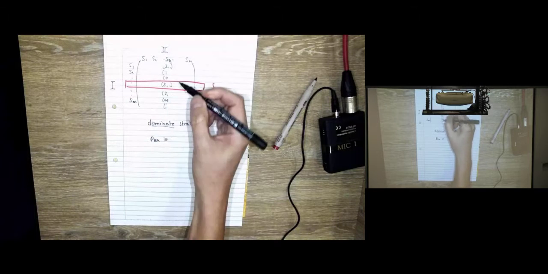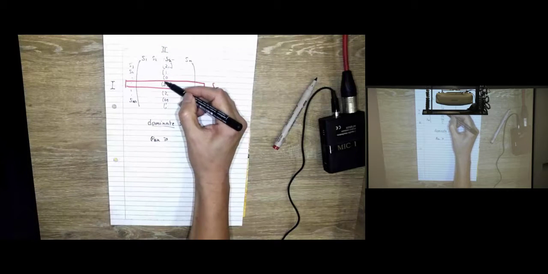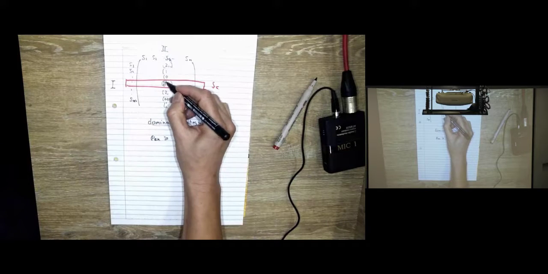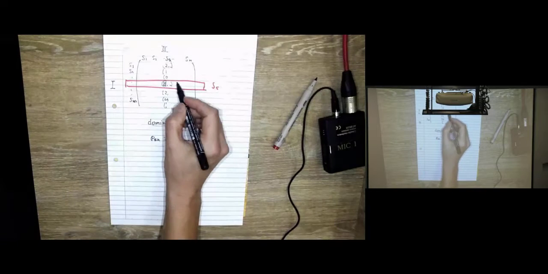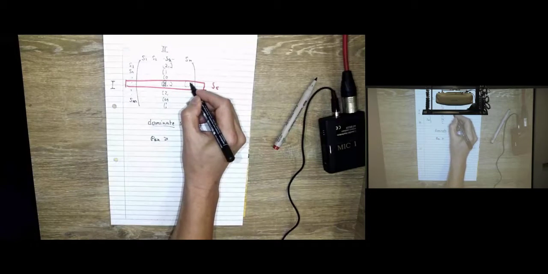Suppose you compare this entry with all other entries. This entry is bigger. And this happens to every entry here.